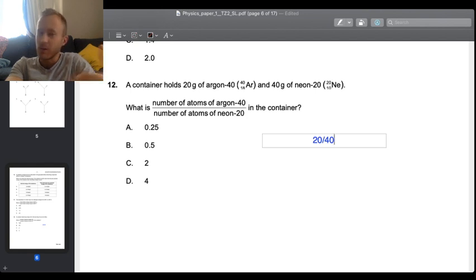So 20 over how many there are. For the neon, we've got 40 grams, and each one has a weight of 20, so that would be the number of neon.